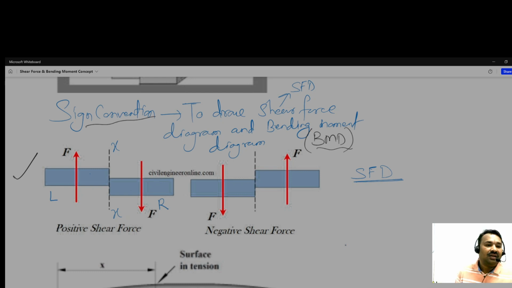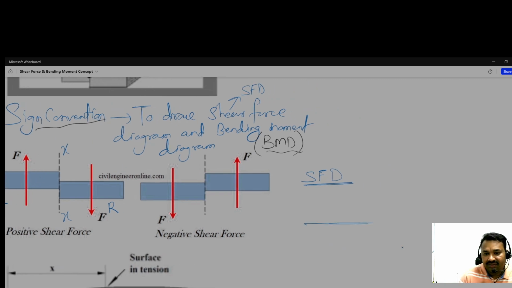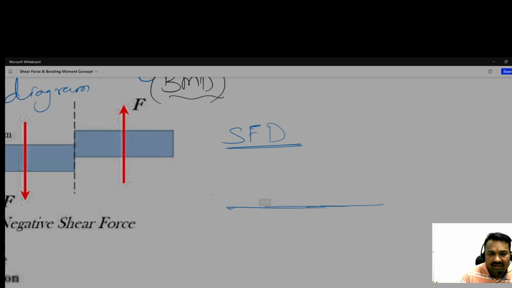Okay, and on the left side suppose the force is upward. It is better to understand like this: this is the beam, I am naming the ends A and B, and suppose we divided it into two parts at XX.